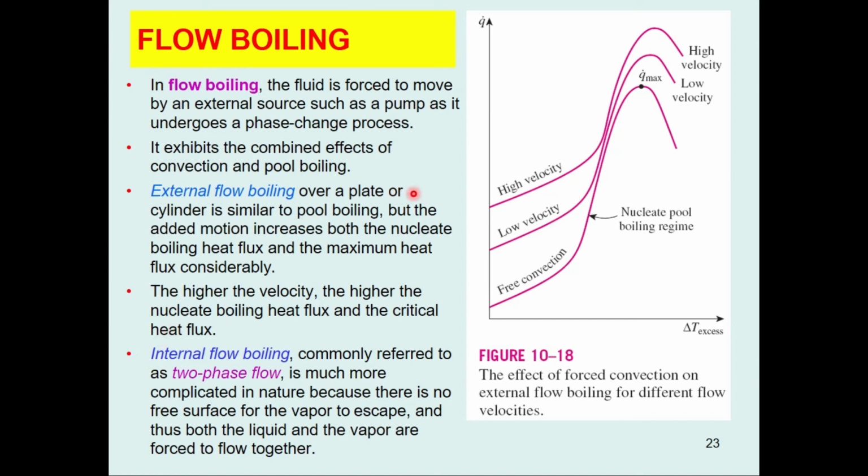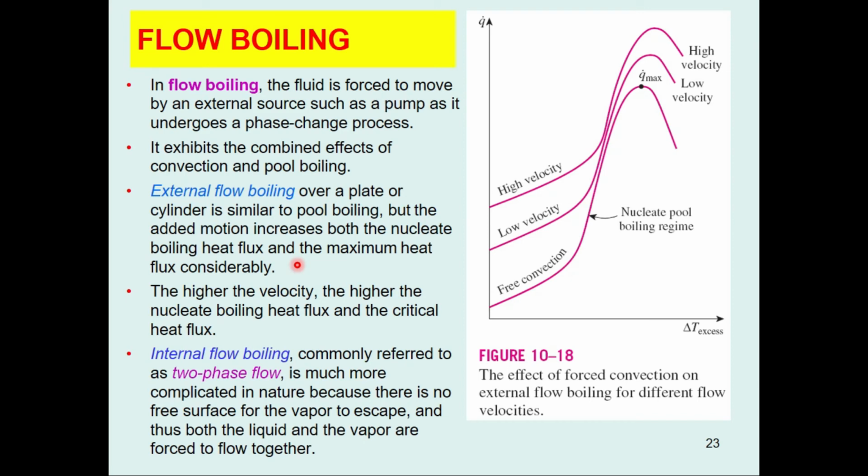So what is external flow boiling? First we'll have a look at external flow boiling, and then we'll see this diagram and try to understand it. External flow boiling over a plate or a cylinder is actually similar to pool boiling, but the added motion increases both the nucleate boiling heat flux and the maximum heat flux considerably.